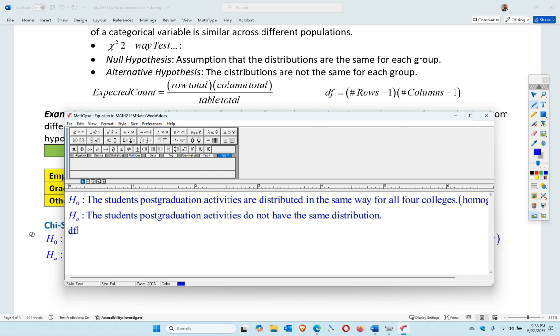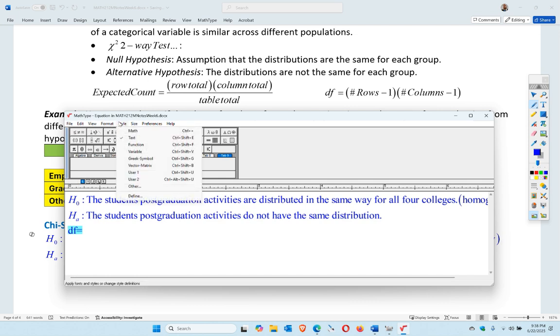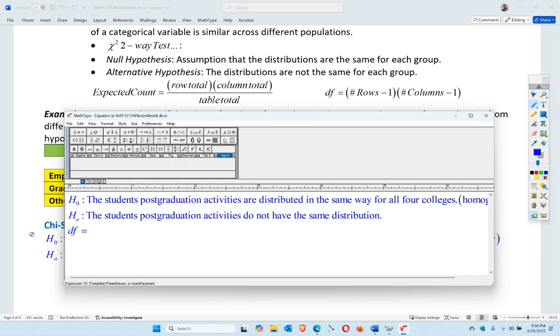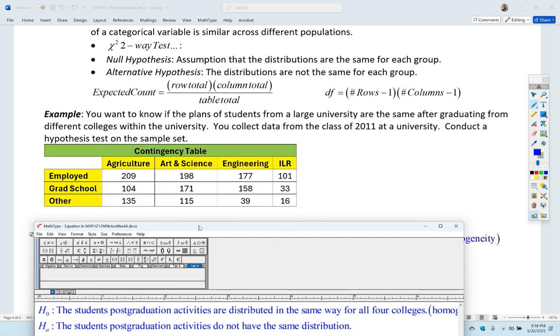All right, so degrees of freedom is the same for this test as it was the last. Both two-way tests are the same. So this is 3 minus 1 and 4 minus 1, I believe, right? If we look back here. Yep, 3 rows, 4 columns.